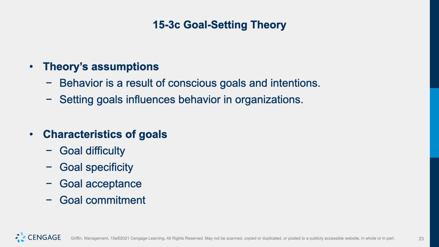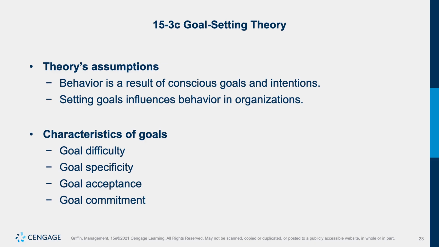Goal setting theory. Now, the goal setting theory of motivation assumes that behavior is a result of conscious goals and intentions, and that by setting goals for employees in the organization, a manager should be able to influence their behavior. The original version of goal setting theory considers two specific goal characteristics, right?